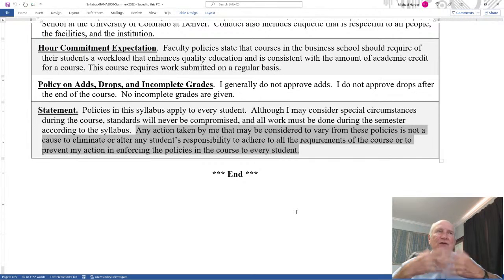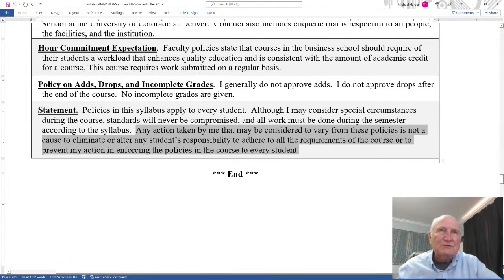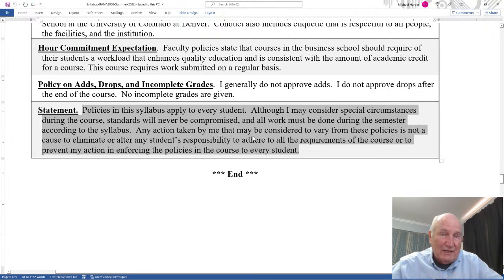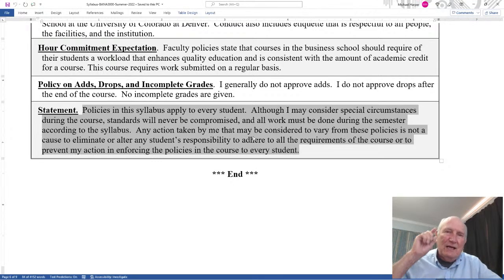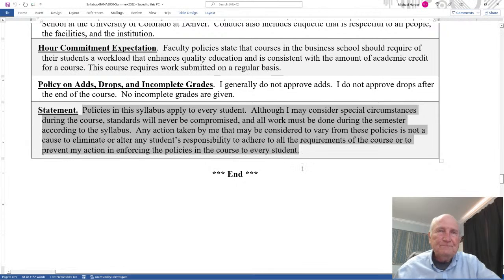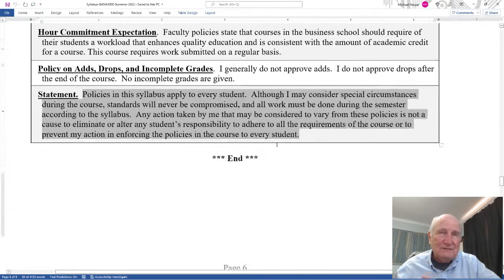If I tried to do it by email and couldn't, but you didn't do it, if you violate a procedure policy, the policies still hold for you. So that's what that means. Now I understand there are special circumstances. That's what this is saying. And I will accommodate special circumstances when I can. But it has to be done during the course, and it has to be according to the policies and procedures. Okay. This is the end of my syllabus.